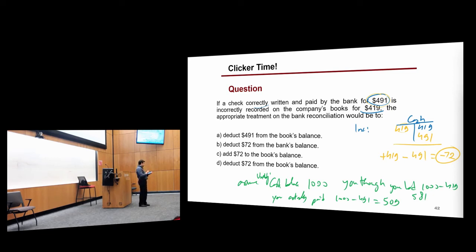How do you get from 581 to 509? By subtracting 72. You thought you had 581. In reality, you had 509. You have to adjust your book. So you have to subtract the difference.